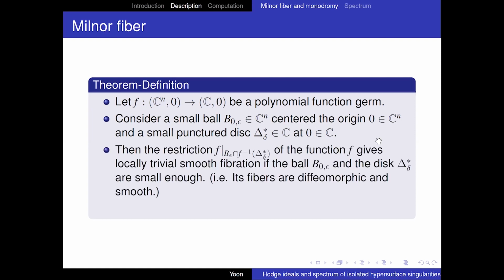And then we can restrict the function on the preimage of the punctured disk intersected with a small ball in the source C^n. Then our restricted function f gives a locally trivial smooth fibration. That's a theorem.